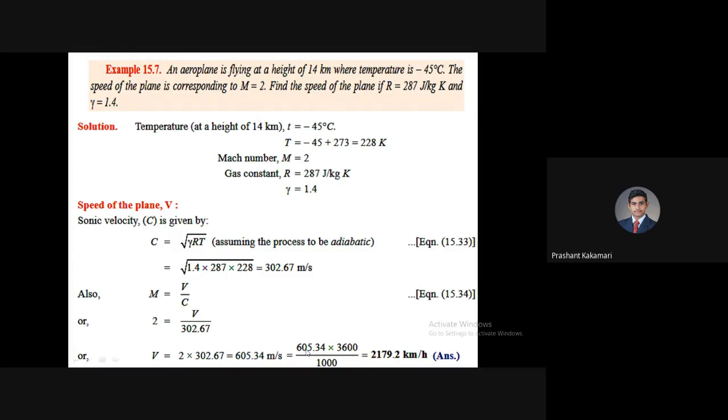If I write the speed in kilometer per hour, I convert this 605.34 by multiplying by 3600 for converting seconds to hours, then meters to kilometers I divide by 1000. So finally the plane is moving at the speed of 2179.2 kilometer per hour in the air.